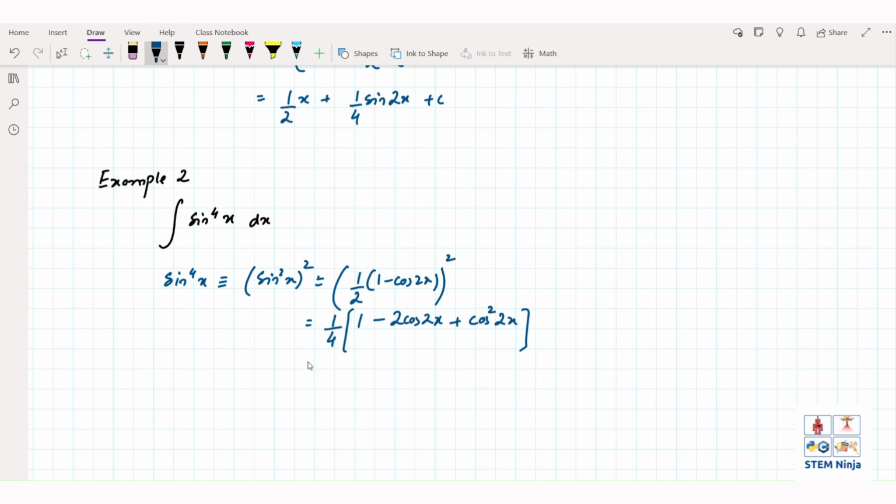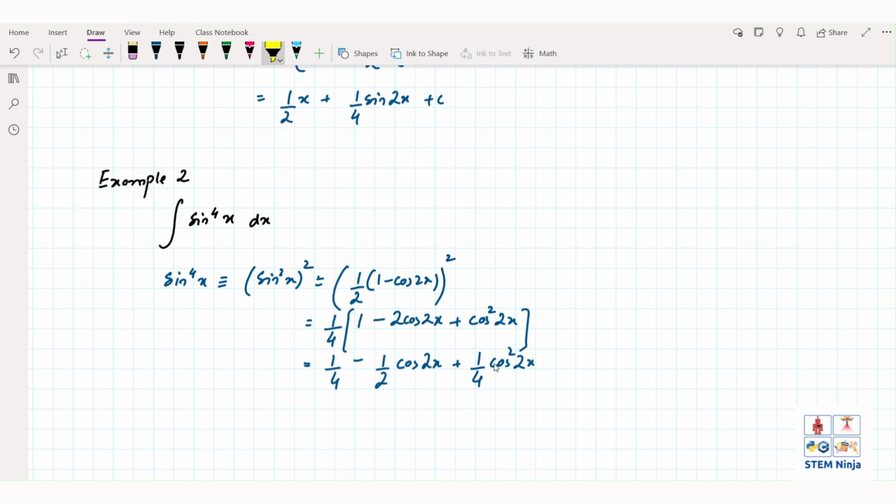So when we multiply 1 over 4 inside, we get 1 over 4 minus 2 divided by 4, which is 1 over 2 cos 2x, plus 1 over 4 cos squared 2x.